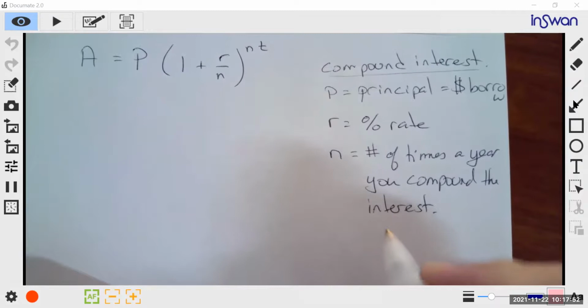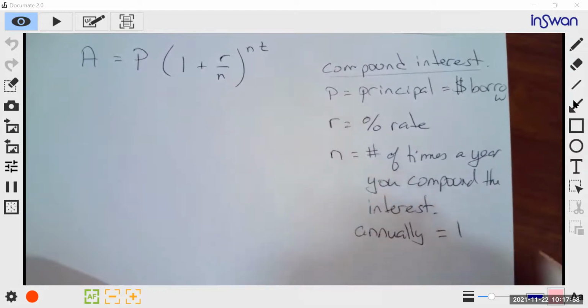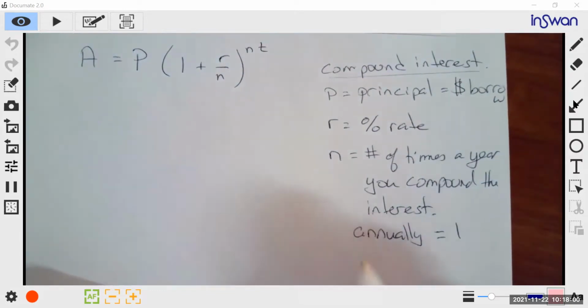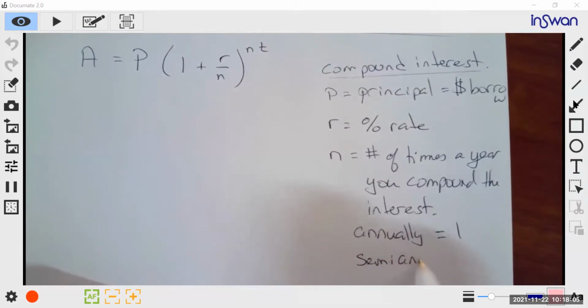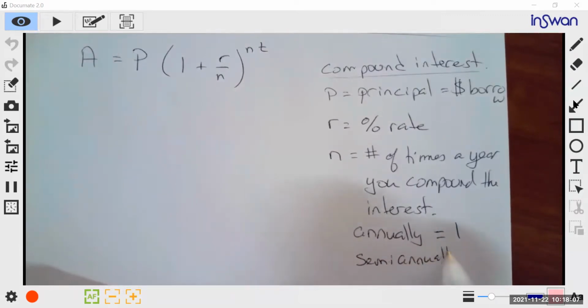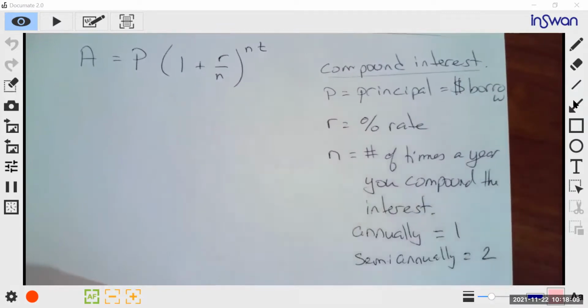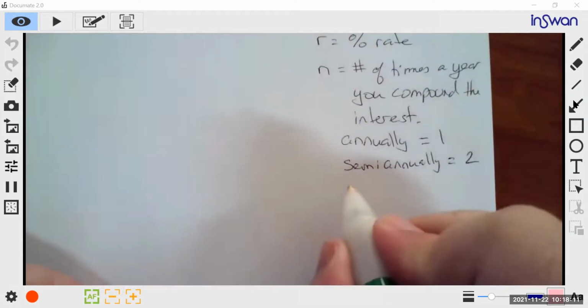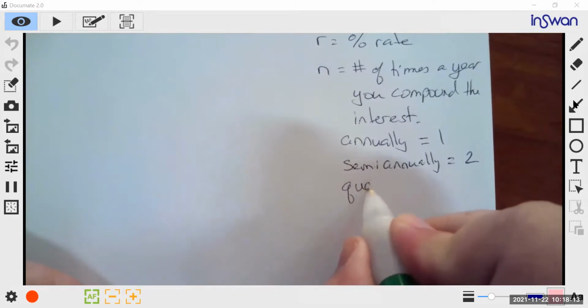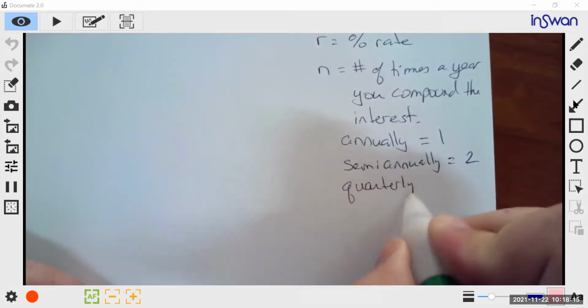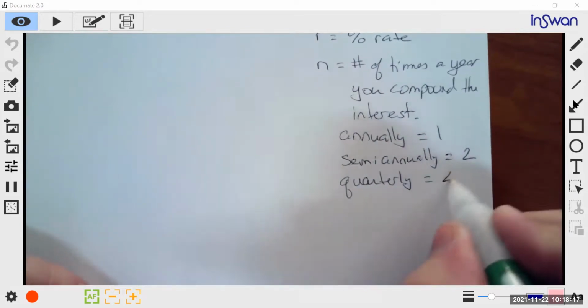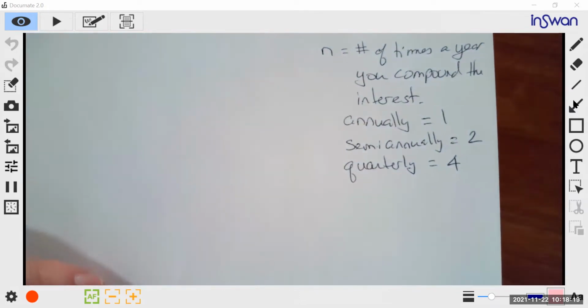So it's the number of times. Annually means 1. Semi-annually means you do it 2 times a year. Quarterly, you do it 4 times a year.